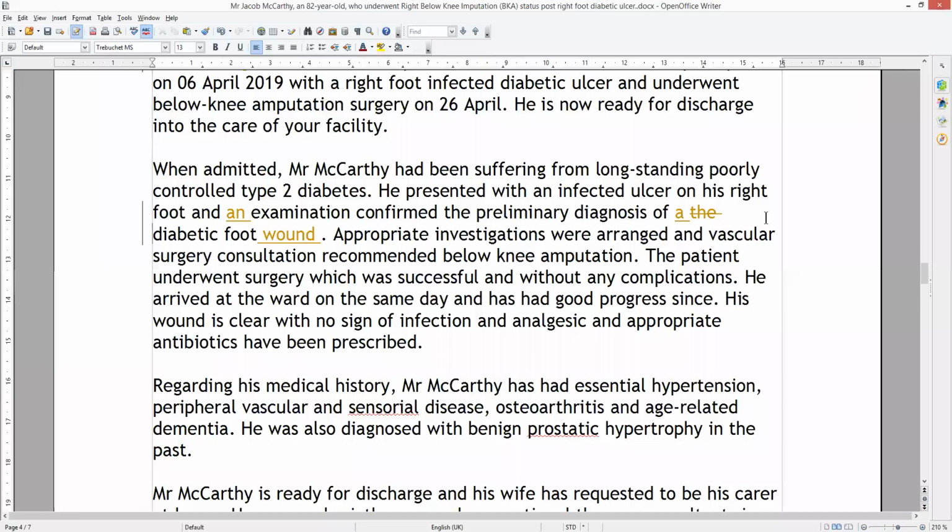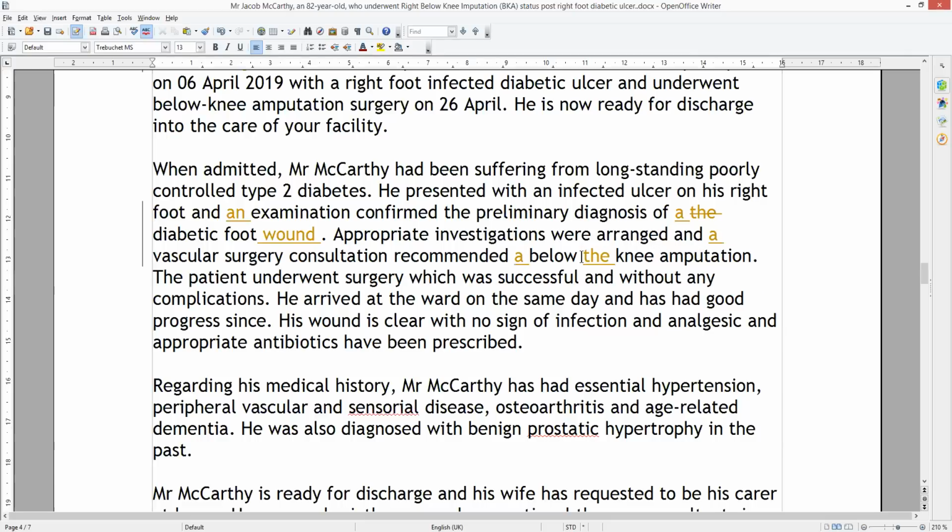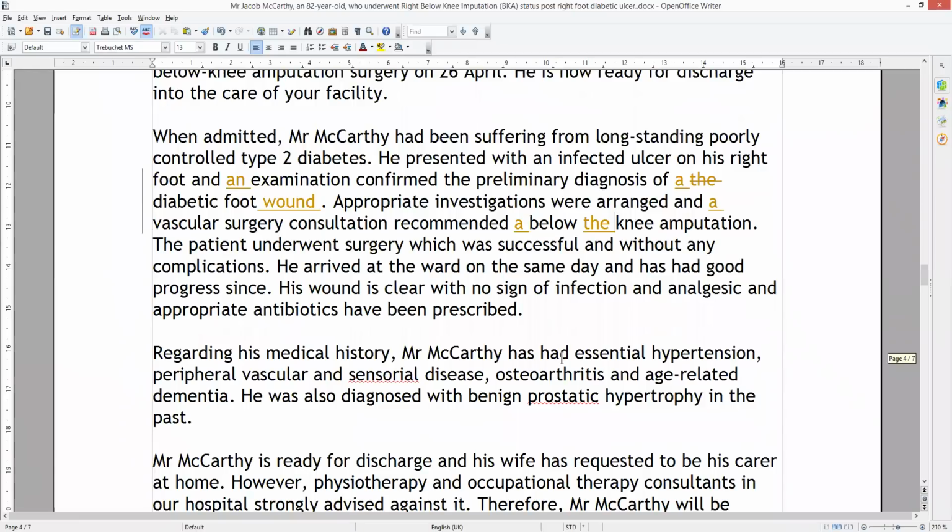All right. Appropriate investigations were arranged and a vascular surgery consultation recommended a below the knee amputation. Articles, if you don't use them, it's going to be like case notes, and we don't want case notes. The patient underwent surgery, which was successful without any complications, and has made good progress since.